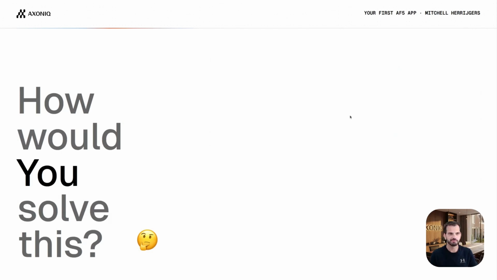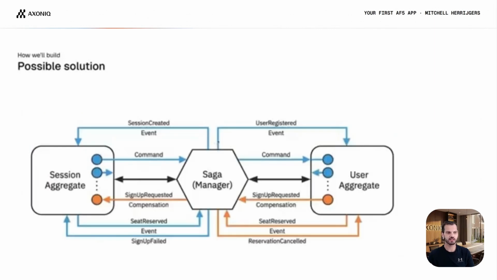All right, so if you came up with something in your mind that looks like this, then this is, well, not far from the truth if you use Axon Framework 4. So you have the saga in the middle to harmonize everything. You have the session aggregate and the user aggregate, and these need to be validated together.